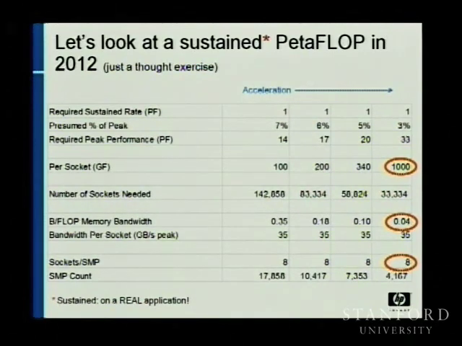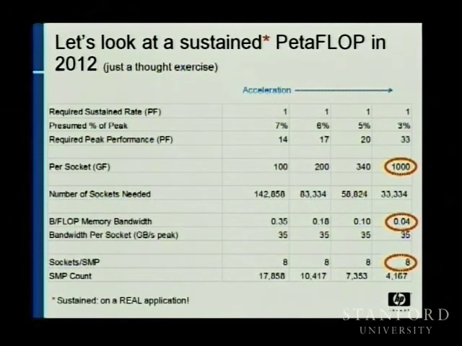Now, the problem here is that assuming a fairly radical memory bandwidth, so 35 gigabytes a second of memory bandwidth per socket, your bytes per flop is 0.04, right? And so you really would like that number to be about 0.5 for mainstream applications and higher for more hardcore HPC applications. So you just broke the rule by more than a factor of 10.